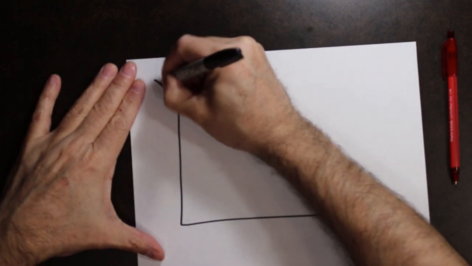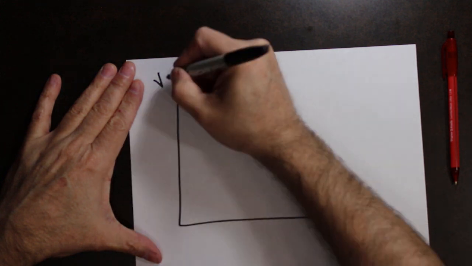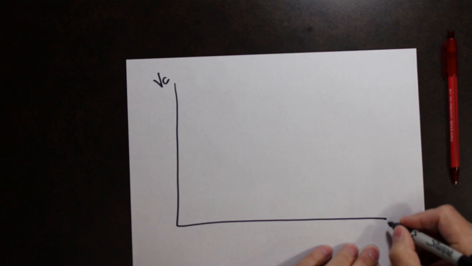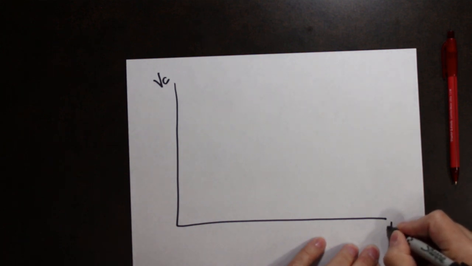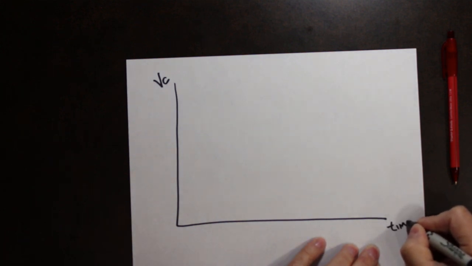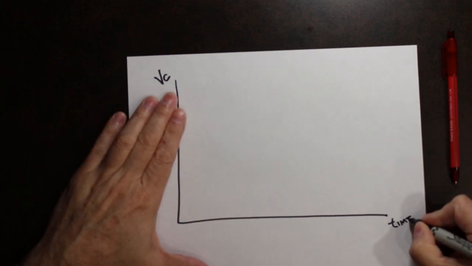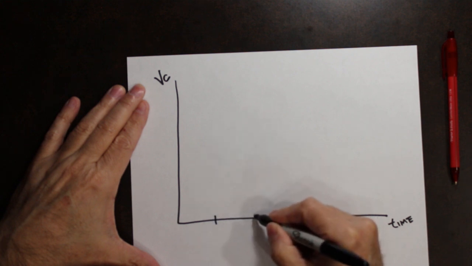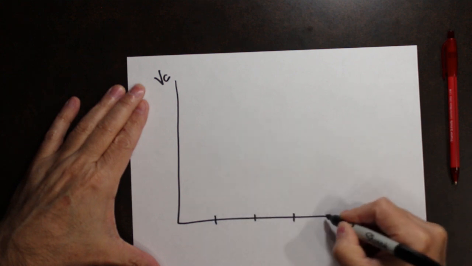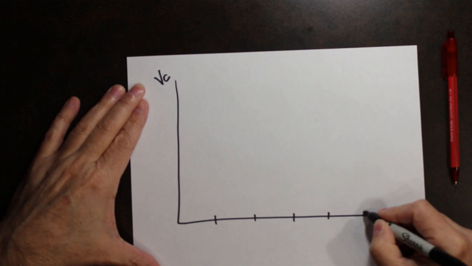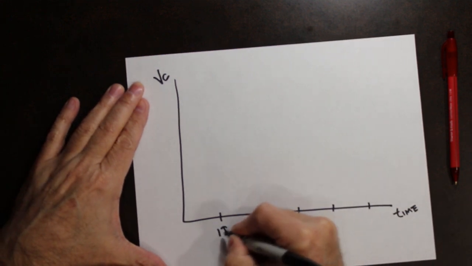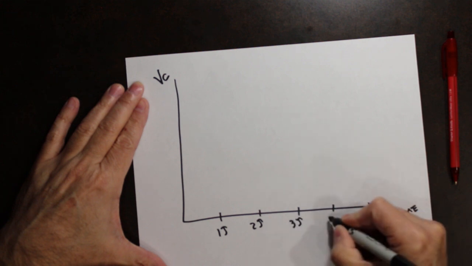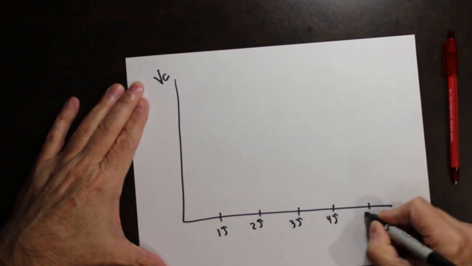So if this is my voltage on the capacitor, and this is my time, my time will be divided into time constants. 1 tau, 2 tau, 3, 4, 5.